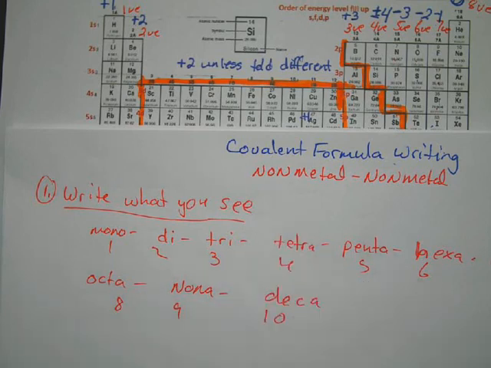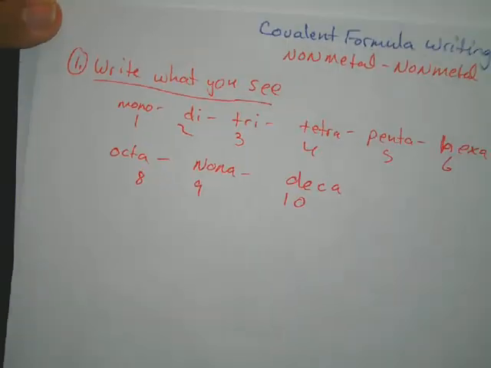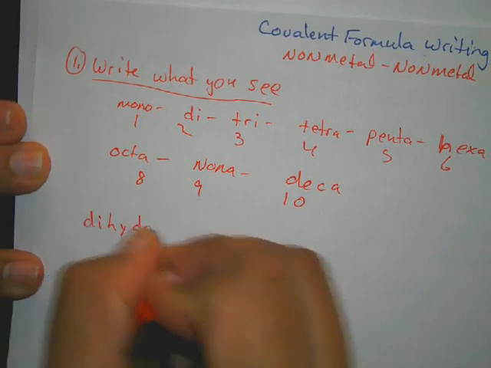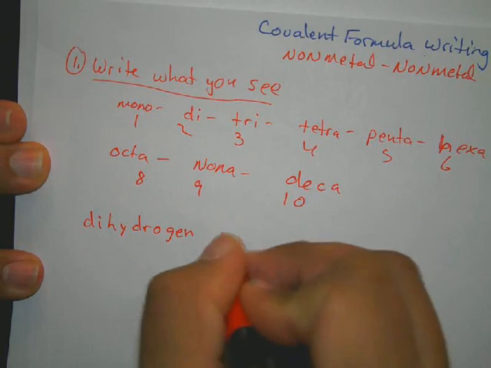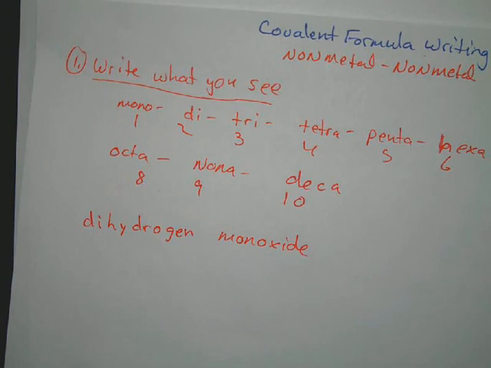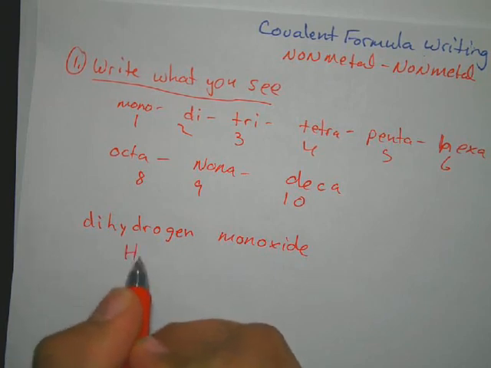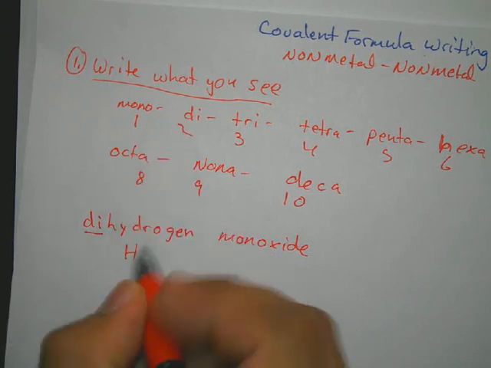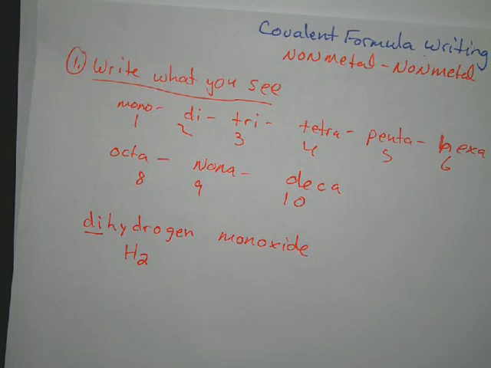Let's give you some examples. Let's say you have dihydrogen monoxide. Well, let's write what I see. I see a hydrogen here, H. How many hydrogens do I have? Di. Di means 2. So I have 2 hydrogens. Then I have monoxide.